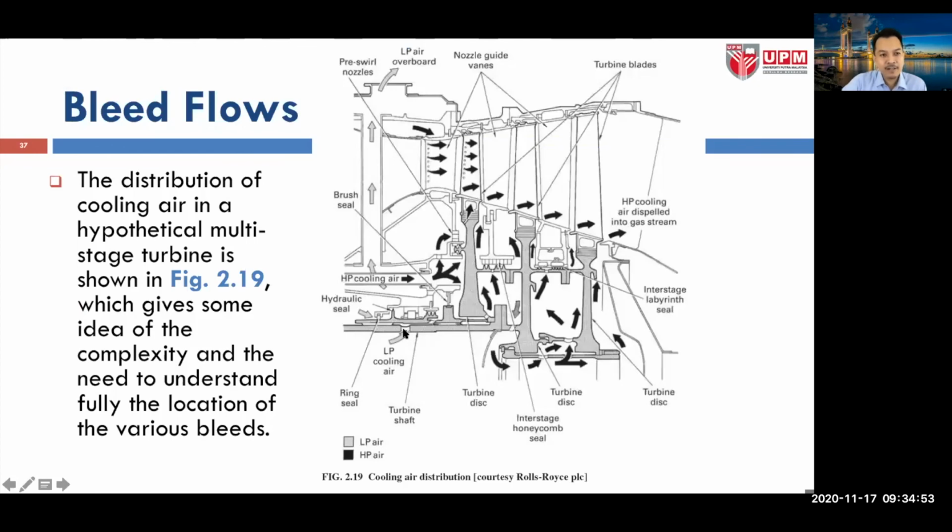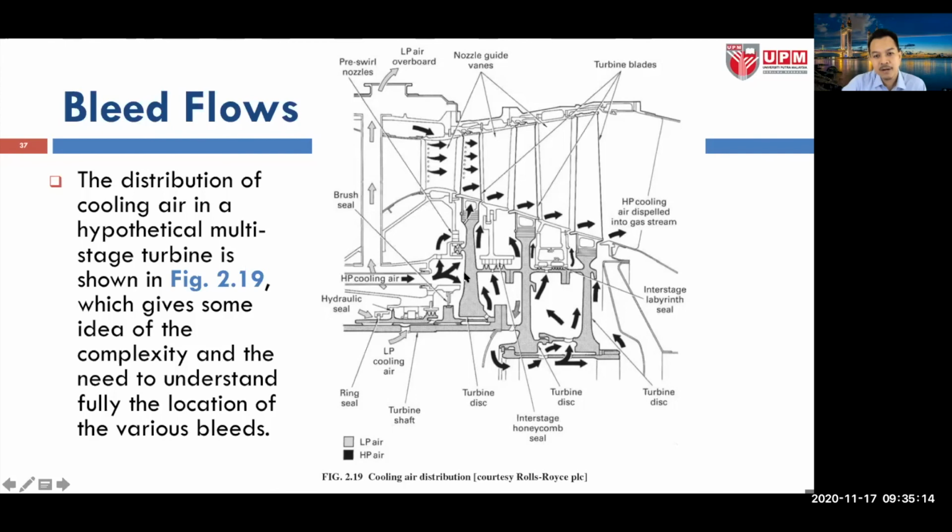And the final slide is here, where figure 219 shows the cooling air distribution. Let me just read through this. The distribution of air cooling in a hypothetical multi-stage turbine. So we have the multi-stage turbine.